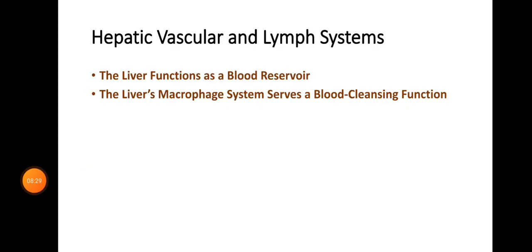Now let's discuss the hepatic vascular and lymph systems. The function of the hepatic vascular system is discussed in chapter 41 in connection with the portal veins and can be summarized as follows. The liver functions as a blood reservoir because the liver is an expandable organ.